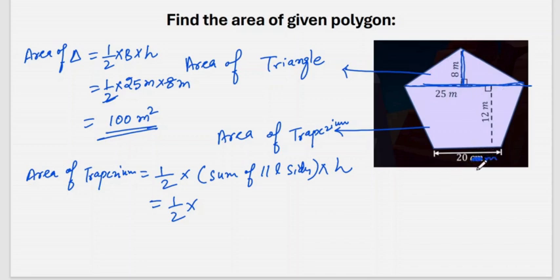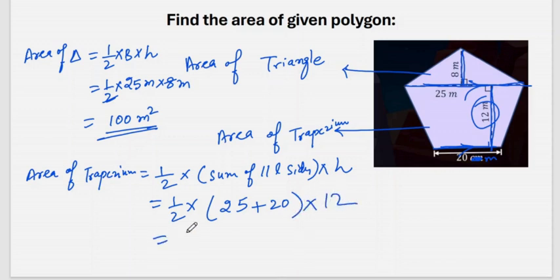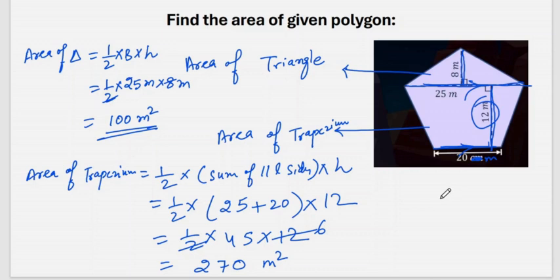Okay, this you take as 20 meter. This is parallel to this. And distance between them is given as 12 meter. So let me write this, 25 plus 20 into 12. So now we got half into 45 into 12. Okay, now you can cancel this 6 times, 270 meter square.